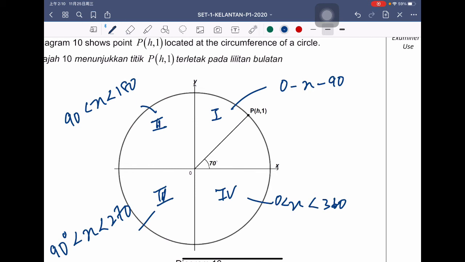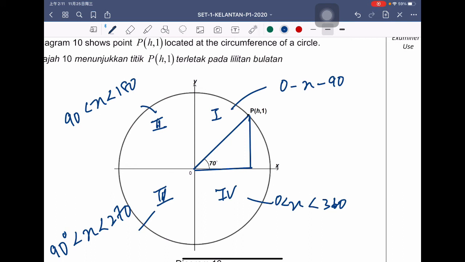And then the second one, we need to draw out a triangle. So for the 70 degrees here, I will draw out a triangle. What do the coordinates that the question gave represent? The coordinates represent the lengths of the sides of the triangle.